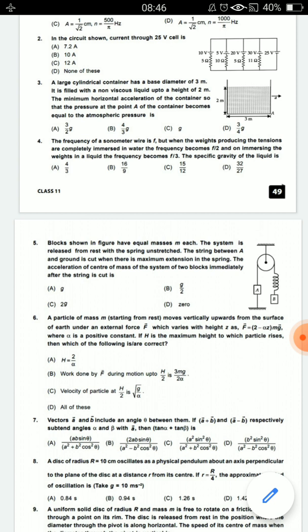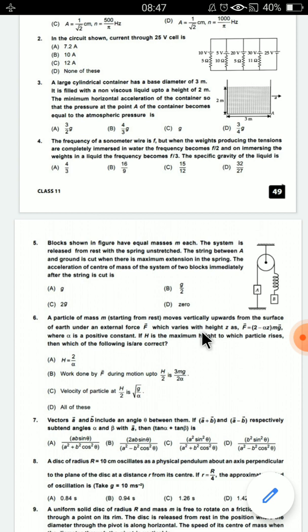So the answer will be, as we already know, there are equal masses m, the system is released from rest and the spring is unstretched, and the string between A and the ground is cut when there is a maximum extension in the spring.